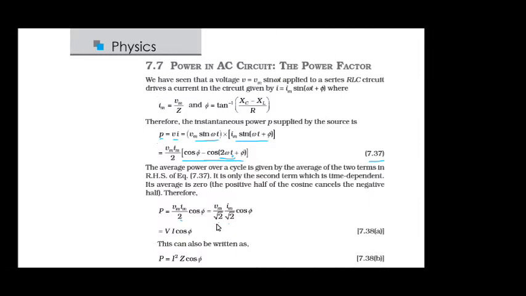Why? Because vm/root 2 we write as v and im/root 2 we write as i. So p = v i cos phi. This is equation 7.38a.